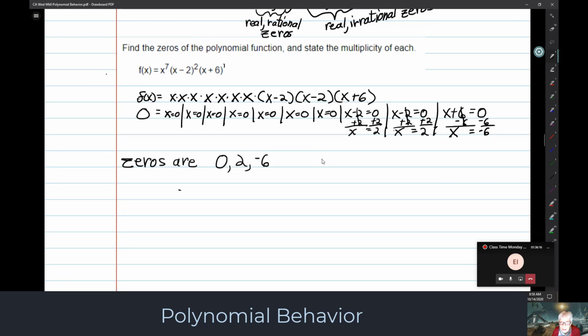Now, 0 has multiplicity seven. 2 has multiplicity 2. 6 has multiplicity 1, because it only occurs once.